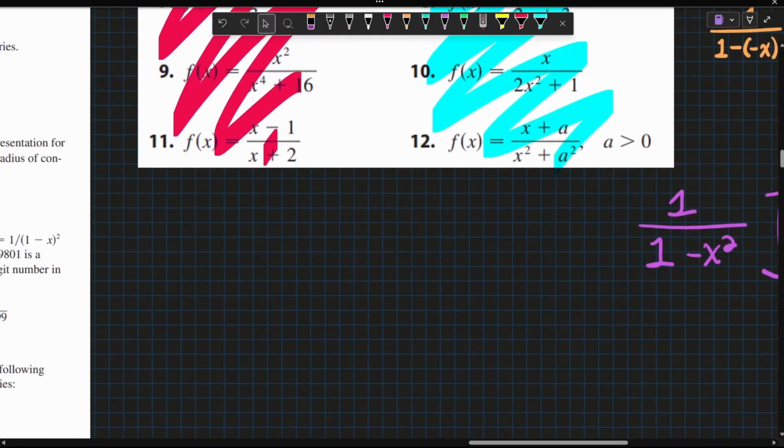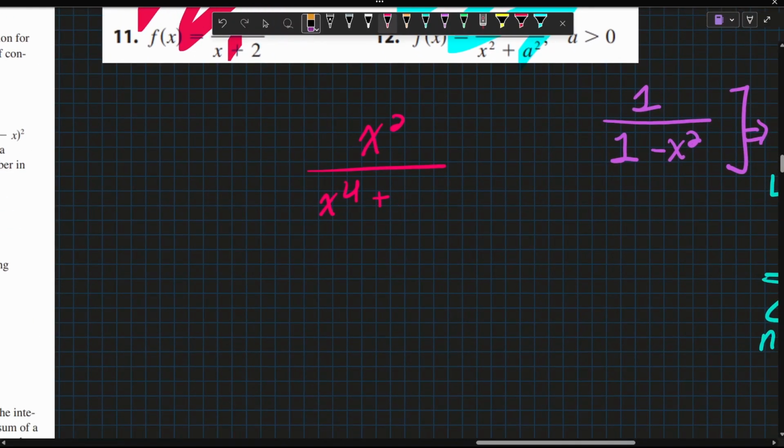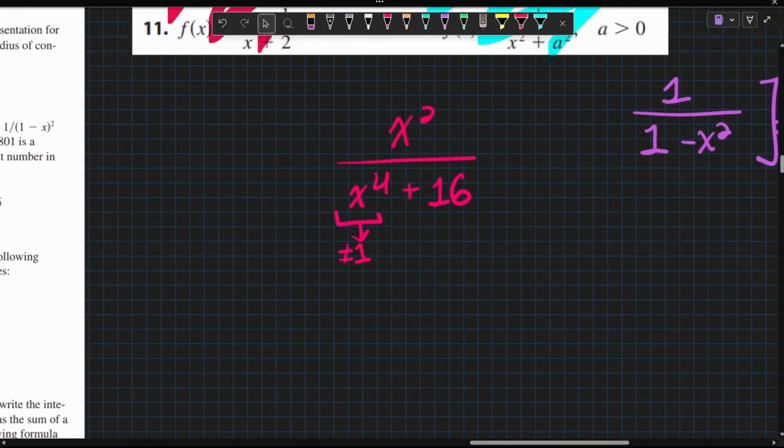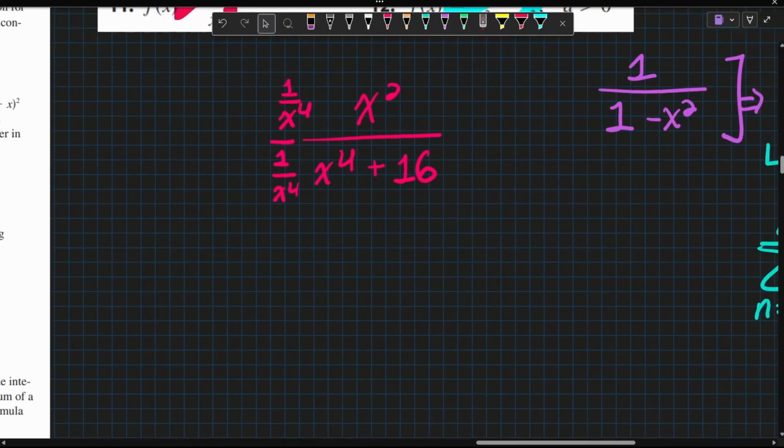Now we have the question x squared over x to the 4 plus 16. Now again, the same issue here, where this is not 1, right? So how do we change that? We'll do the same trick we used. Multiply by the reciprocal, so 1 over x to the 4.